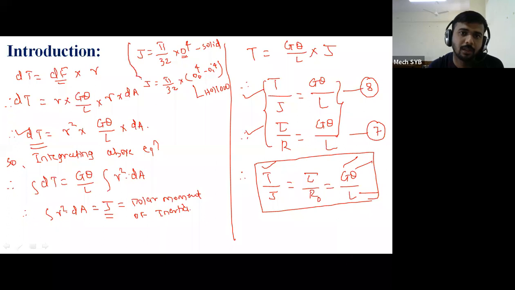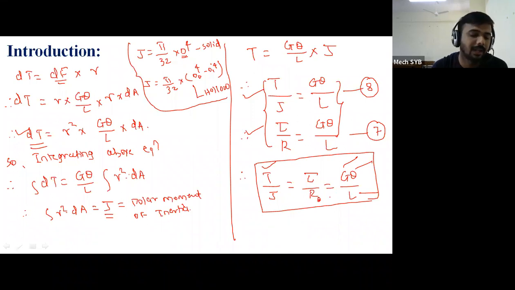So these are the polar moment of inertia formulas which we have to use during the calculation, and this is the torsion formula, that is T upon J is equal to tau upon R is equal to G theta by L.